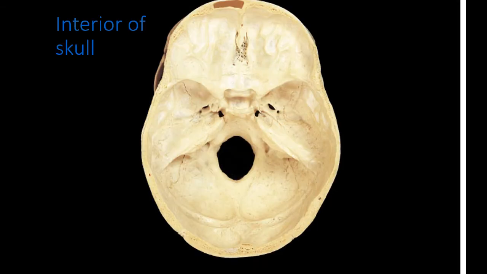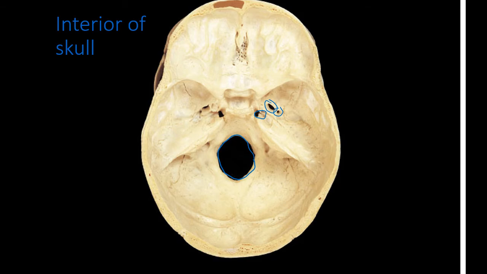On the interior view, we'll find many of those same structures that we just saw. So here's foramen magnum again. Here's our foramen lacerum, foramen ovale, and then foramen spinosum. So we can see all of those relatively easily at this point as well.